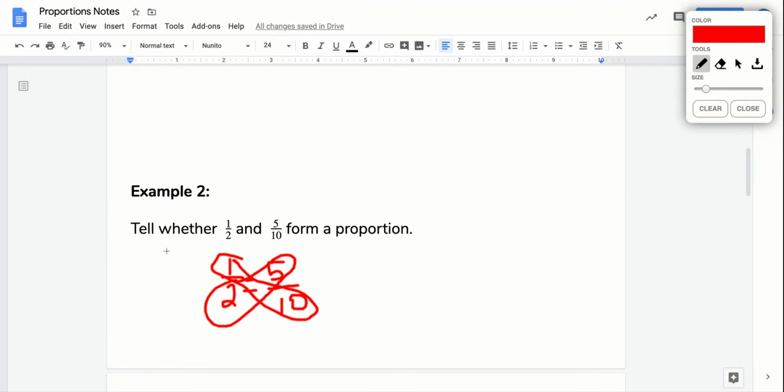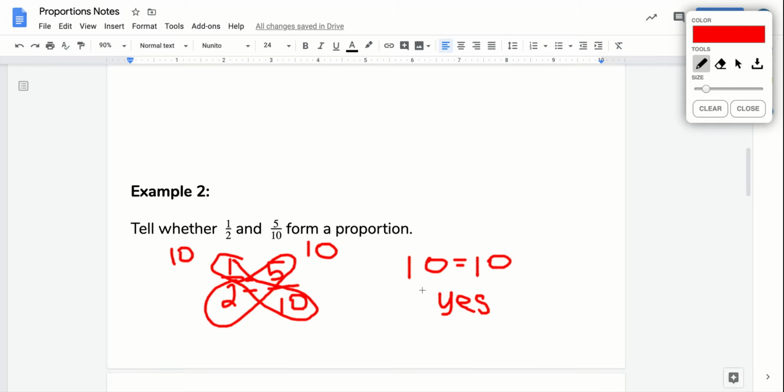So 1 times 10 is 10. Notice in those butterfly wings, those cross products, I'm going to multiply. 2 times 5 is 10. So I have 10 equals 10. Yes, this forms a proportion. So I would just type in yes.